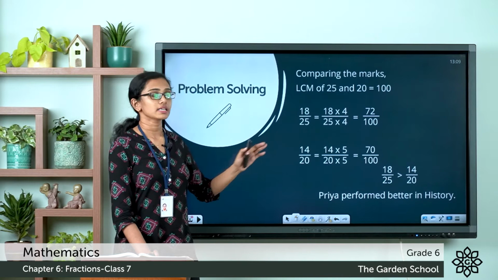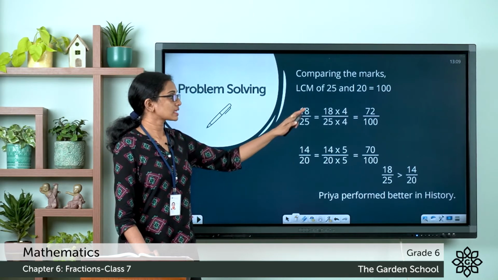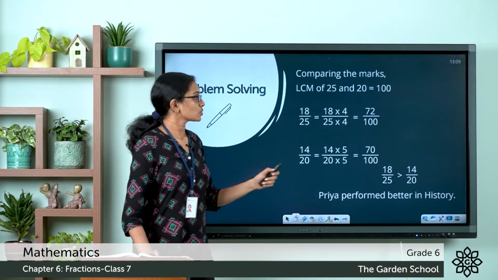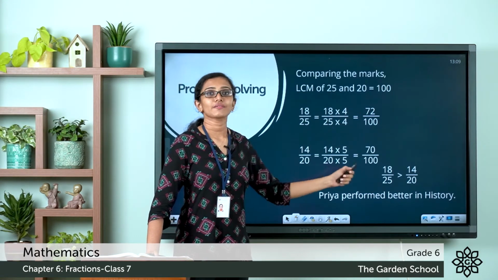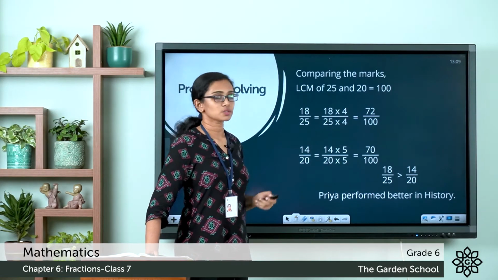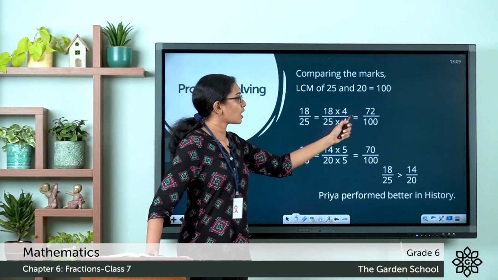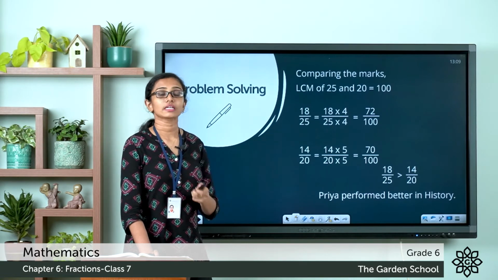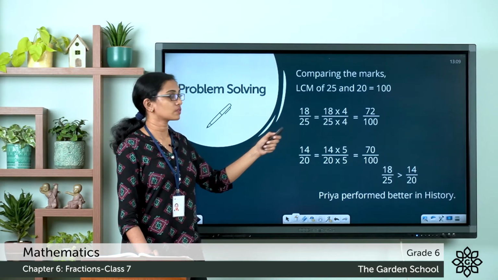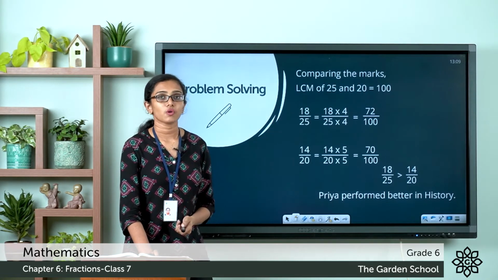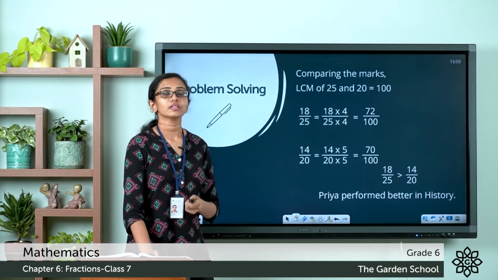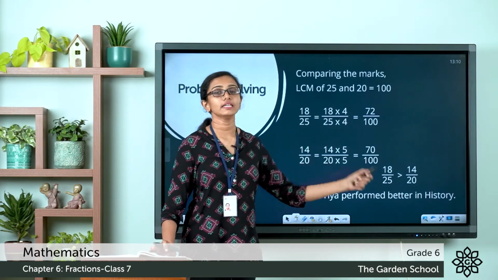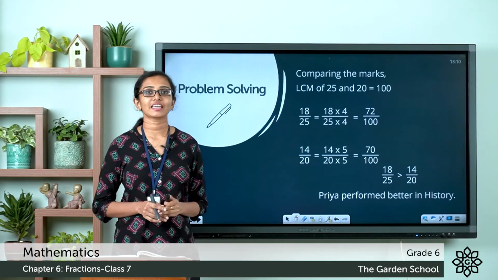The denominators are the same now, so we can easily compare the numerators and evaluate her performance. 72 by 100 and 70 by 100, which is more? 72 out of 100 is more. So the score she got in history, that is 18 out of 25, is a better performance than what she scored in economics. So we can say Priya performed better in history. Is this clear to you?